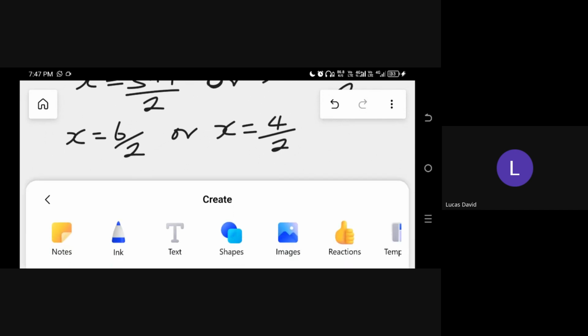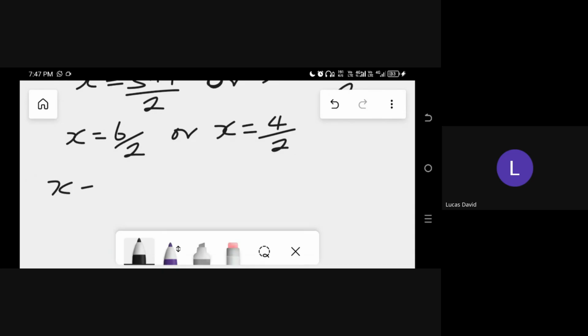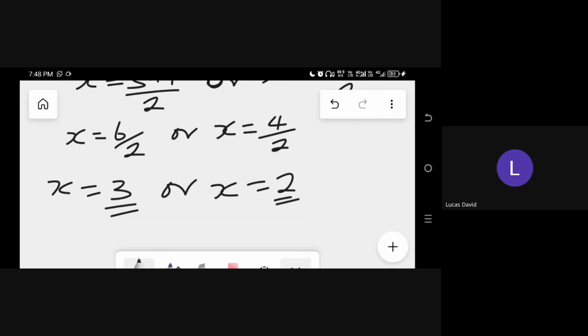And lastly, s is equal to 6 divided by 2 would be 3, or s equals 4 divided by 2 would be 2. So the value of s in this quadratic equation is s equals 3, or s equals 2.